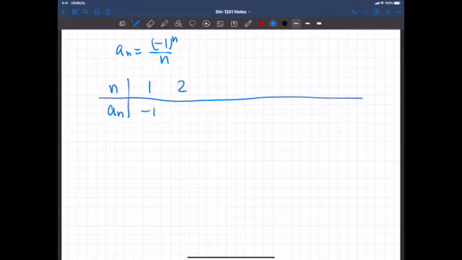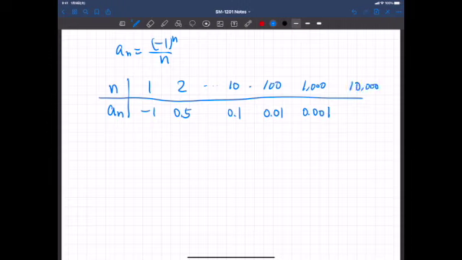When n is 2, we have +1/2, 0.5. And if we continue this, when n is 10, we have 0.1. When n is 100, we have 0.01. When n is 1000, we have 0.001. And when n is 10,000, we have 0.0001.